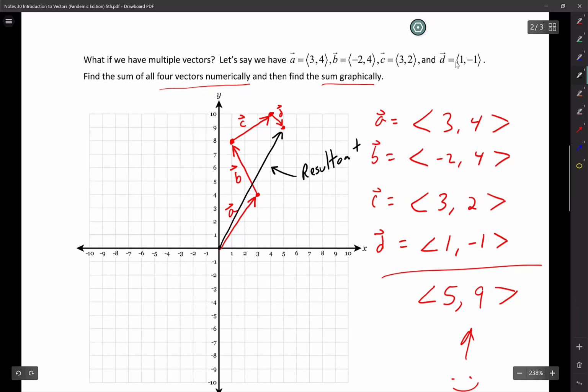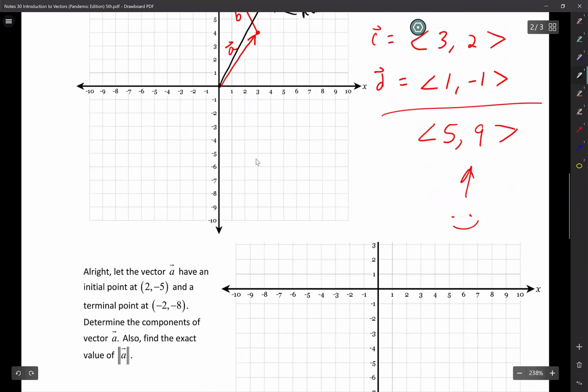You can add A, B, C, D, or you can add D, C, B, A. It doesn't matter. And the reason why it doesn't matter is because it's the same thing with numbers. 2 plus 3 is the same as 3 plus 2. So it doesn't matter how you arrange them. Now, it is easier if you have a mouse. If you have a mouse, it's easier to drag the vectors over than doing it on a laptop with a little pad. But whatever, you'll see what I mean when we start doing the delta.